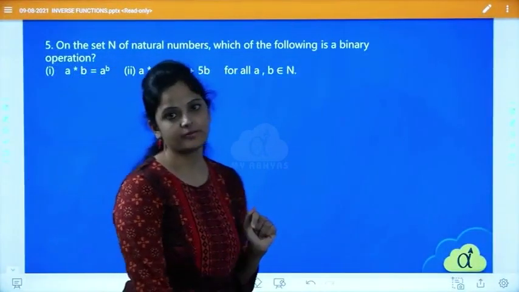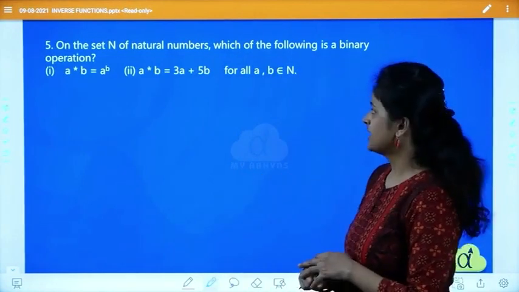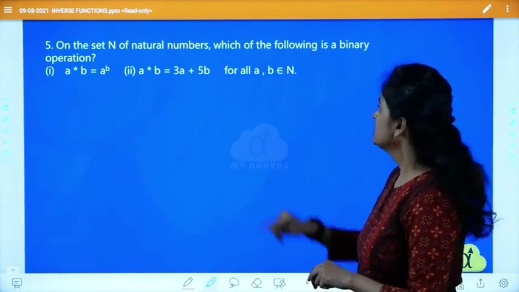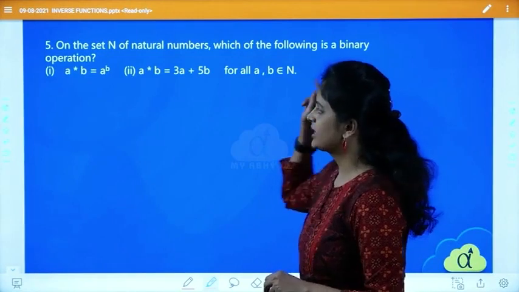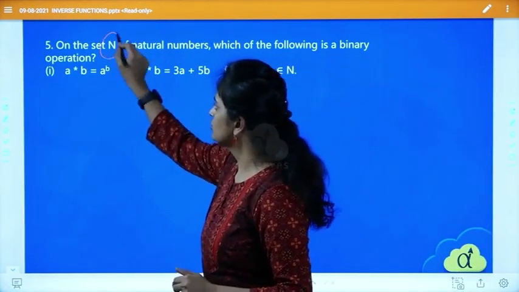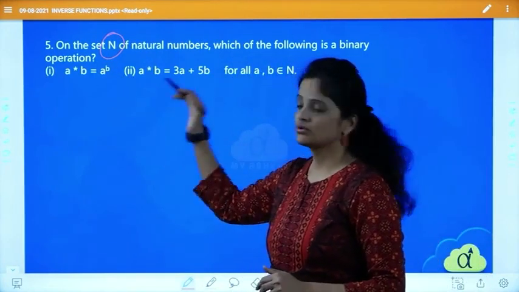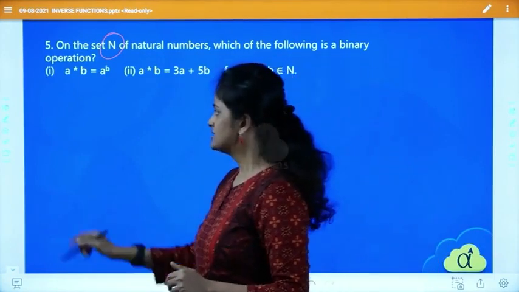Next, fifth one you have. See, fifth question. On the set N of natural numbers, which of the following is a binary operation? So they are talking about natural numbers, not any other set. First, A star B is equal to A to the power of B. Let's see one by one.